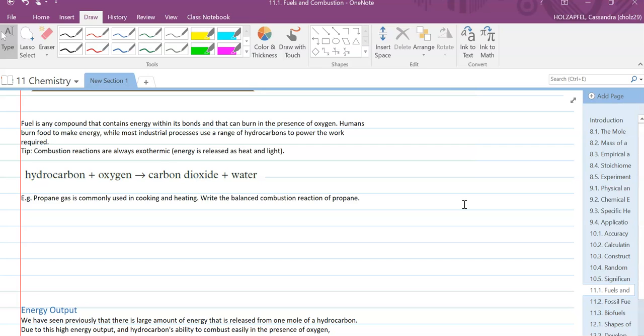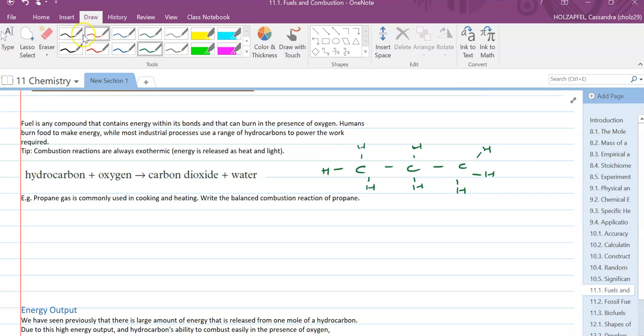So generally, when a hydrocarbon burns in the presence of oxygen, if it's a clean burn, it will only produce carbon dioxide and water. So if I was to draw a quick little hydrocarbon here, every single one of these bonds between each of these carbons and with each of these hydrogens is going to be broken. Let me just finish drawing this.